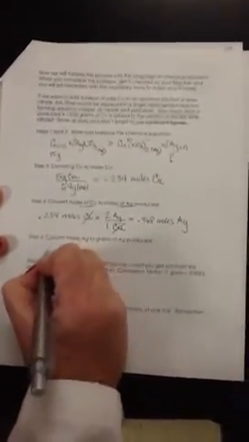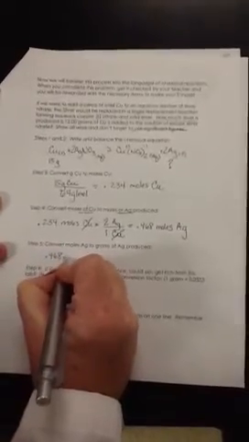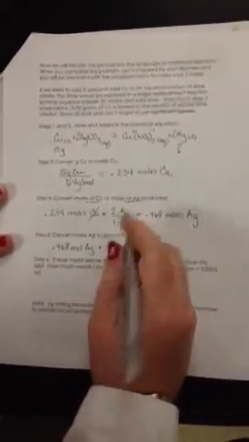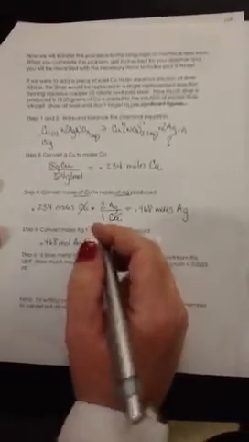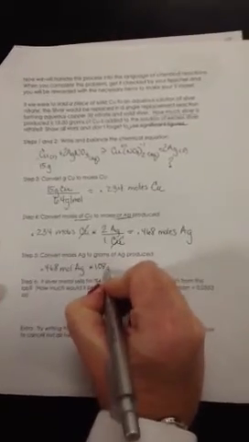Okay? Now, the next thing that we need to do is convert that moles of silver to grams, because that's what we deal with more in the lab. So if you remember, going from moles to grams, we multiply by the molar mass. And the molar mass of silver is 107, I think. No, it's 108. 108 grams per mole.